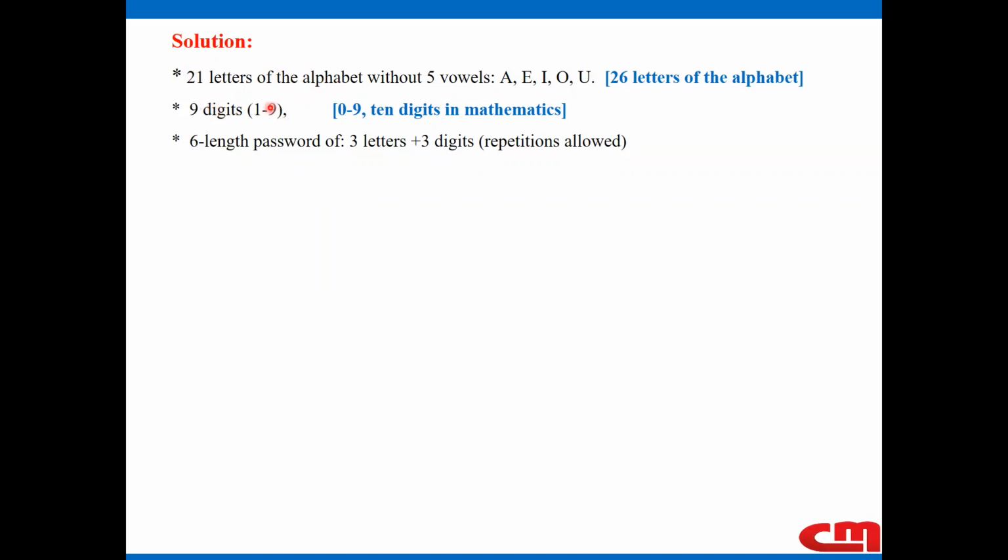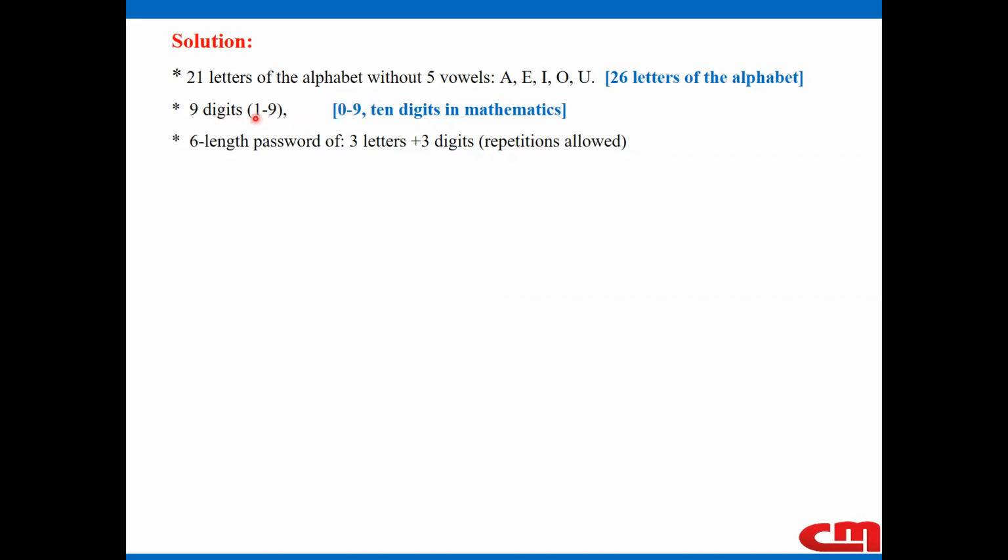Then in terms of the digits, we know that in mathematics, we have 10 digits, right? 0 to 9. And any number we write down in mathematics will be making combinations of any of these 10 digits. So if I say 25, 48, I'm making combinations of the digits from 0 to 9. But we are told that we should exclude the 0.